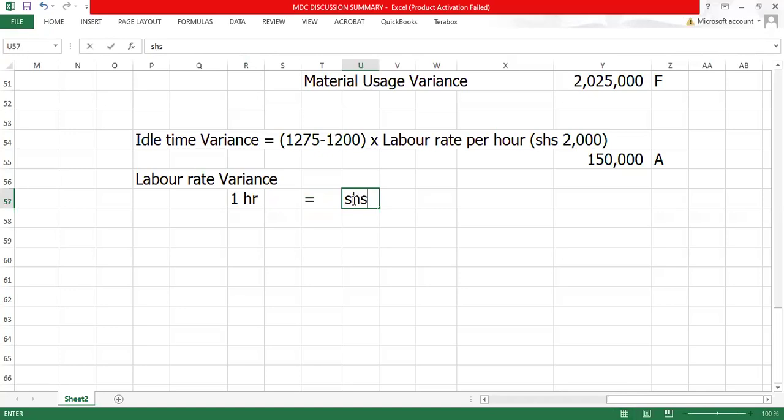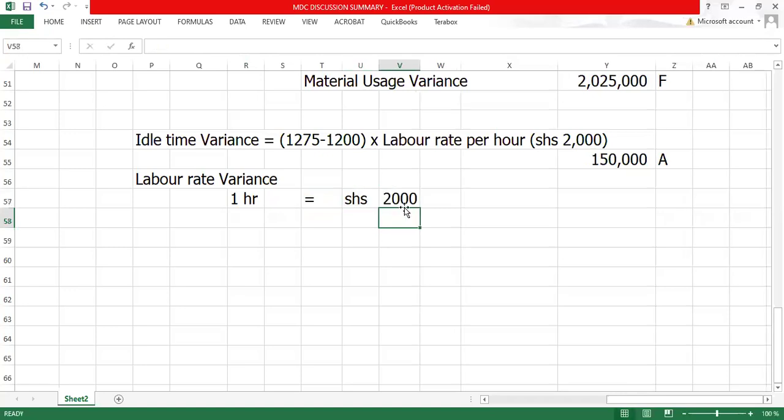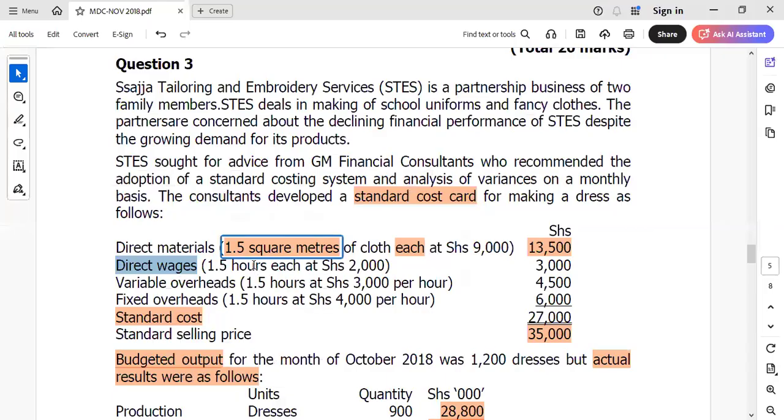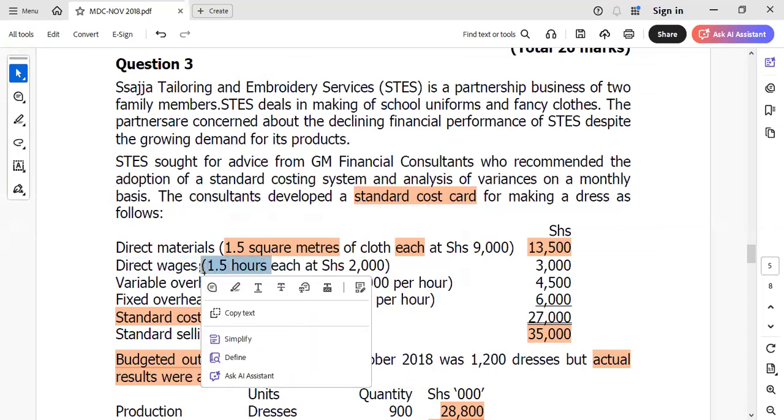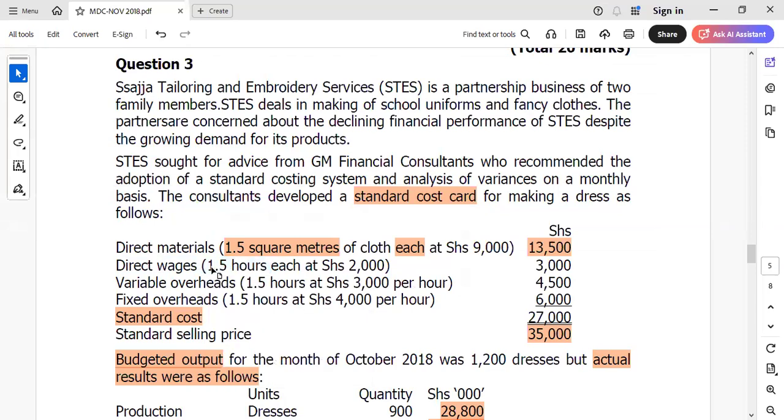We have seen that it is 2,000 shillings per hour, according to the budget. Here under direct wages, this is 1.5 hours. It means that to make one dress, you need to use 1.5 hours.